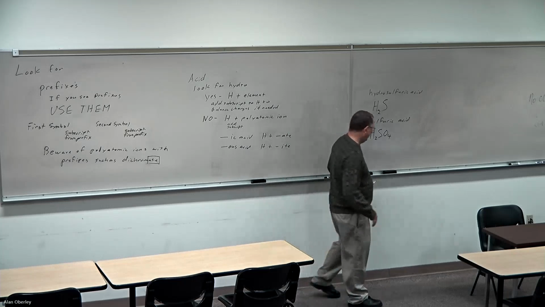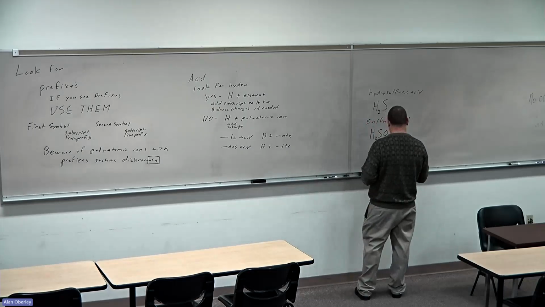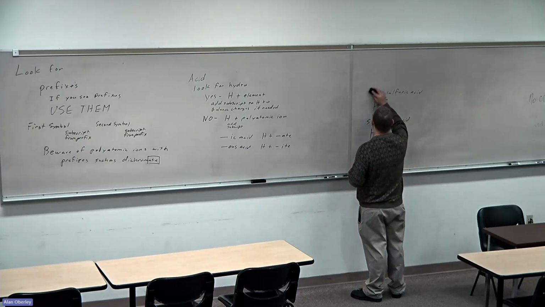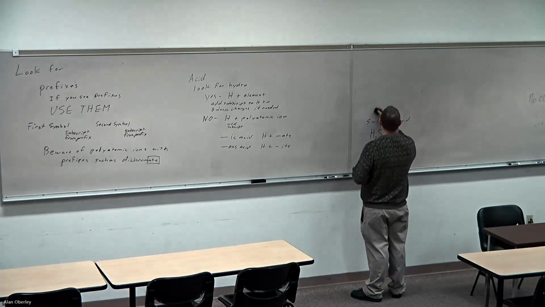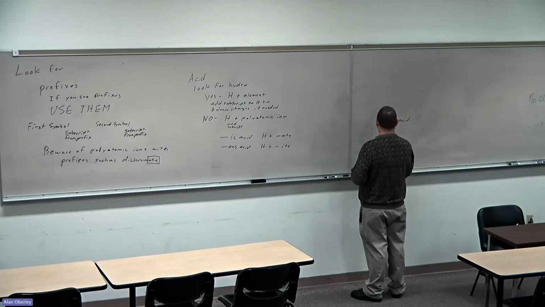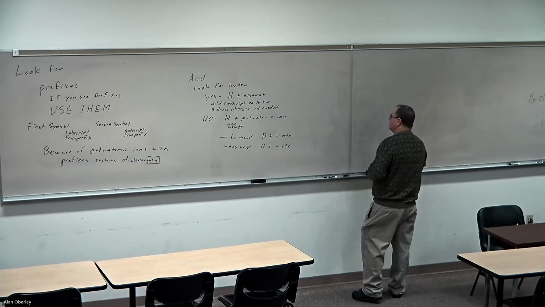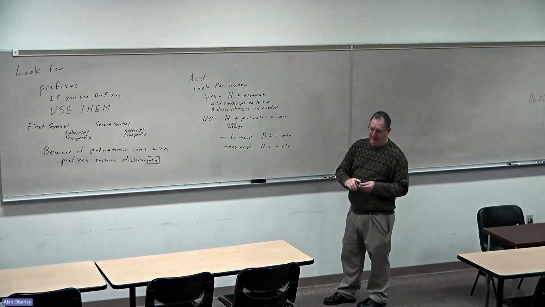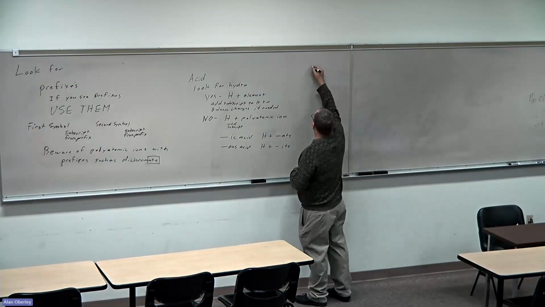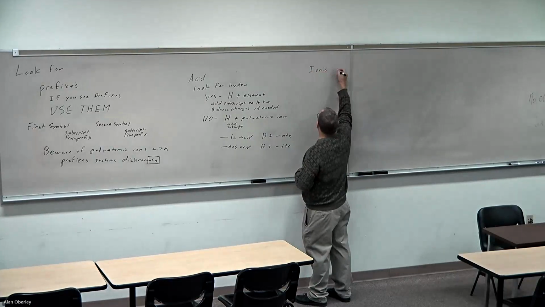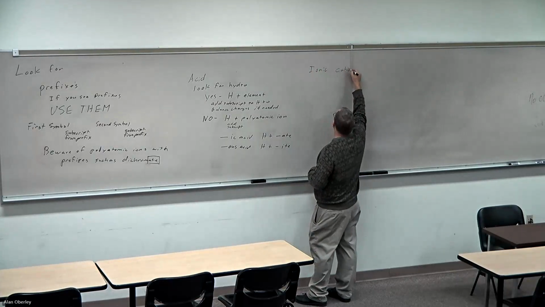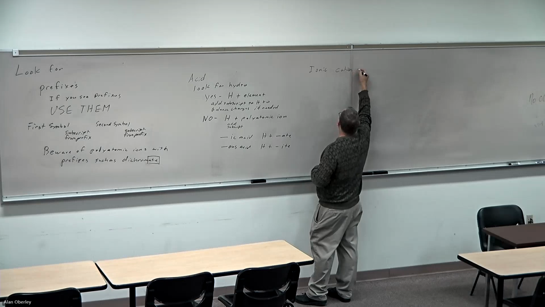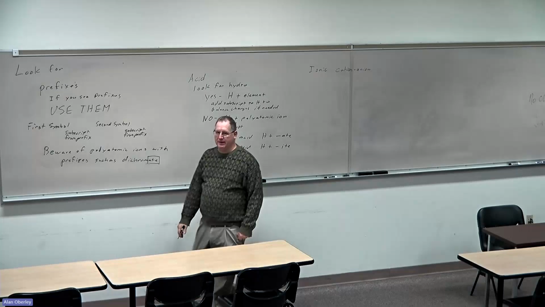Okay. So that leaves us most of the compounds. We didn't have prefixes. We didn't have the name acid. This is going to be an ion. So it's going to be cation, anion.